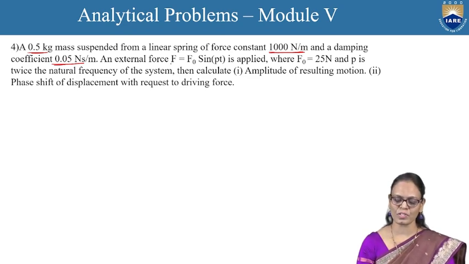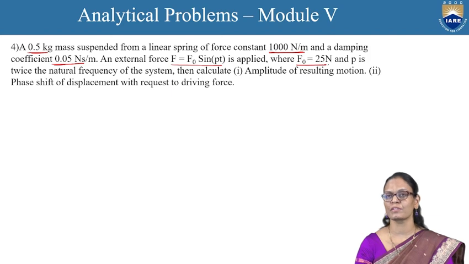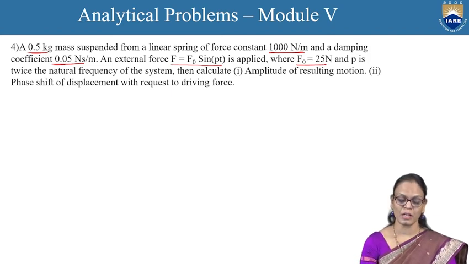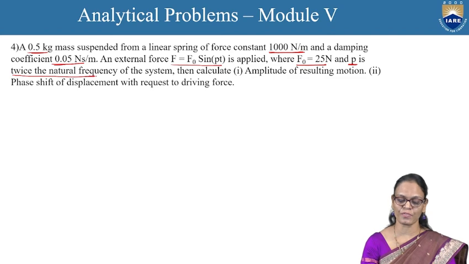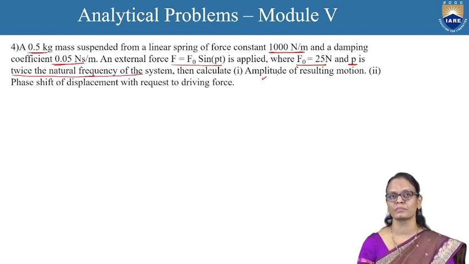An external force F is equal to F naught sin PT is applied, where F naught is 25 Newton and P is twice the natural frequency. P here is the frequency of the applied force. It is twice the natural frequency of the system. Then we have to calculate the amplitude and also the phase shift.